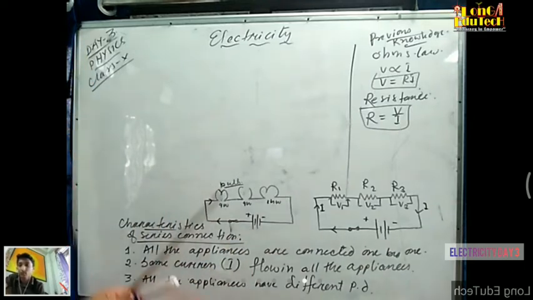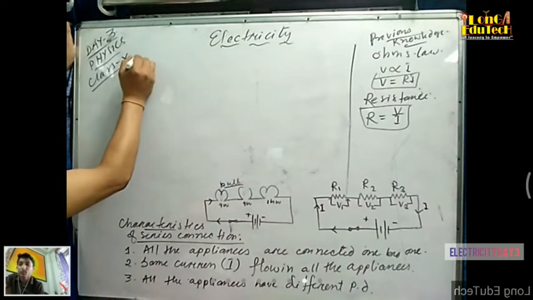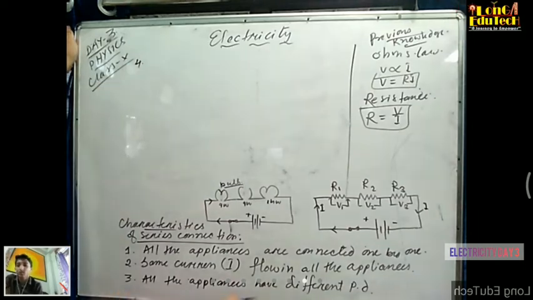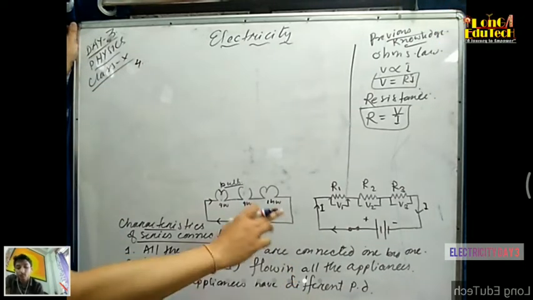Okay, so that's why, and number 4 point here: all appliances have different potential difference, we already know here.